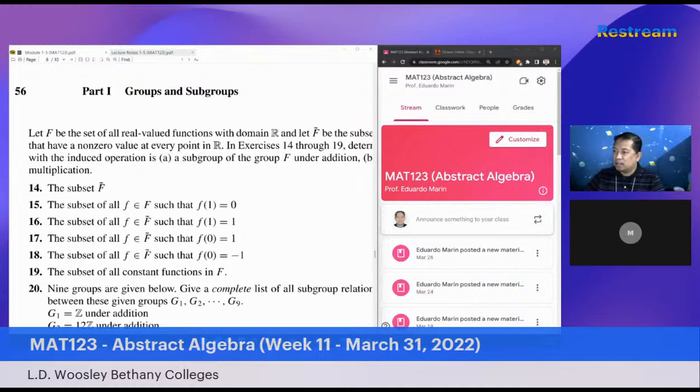How about 19? The subset of all constant functions in F. Okay, so for 19, it's yes in addition, no for multiplication, because the zero element.